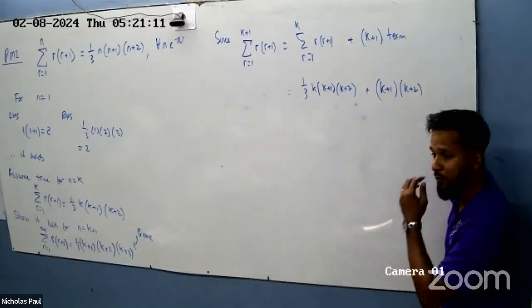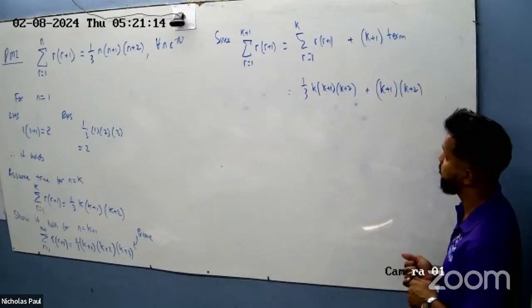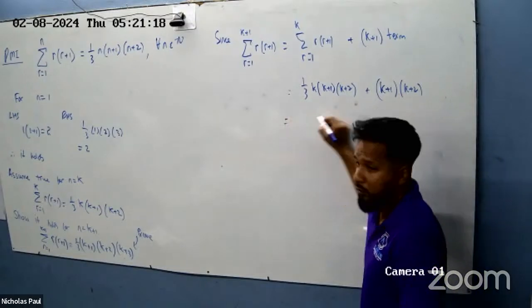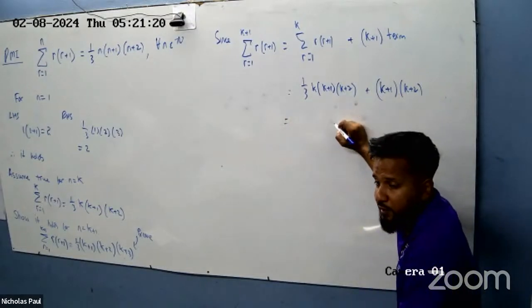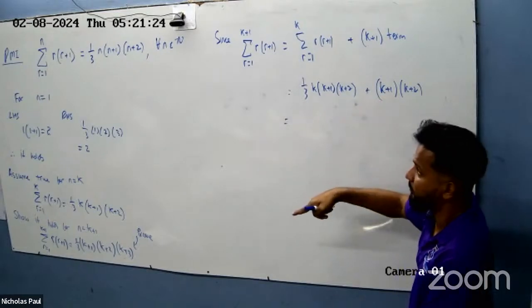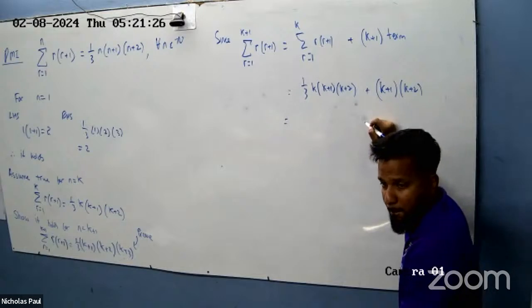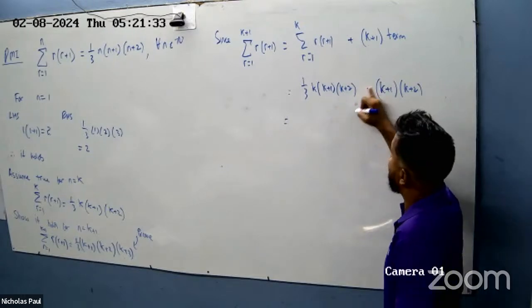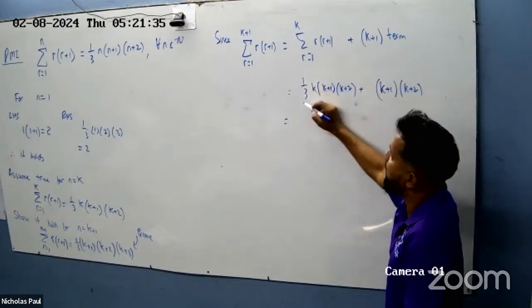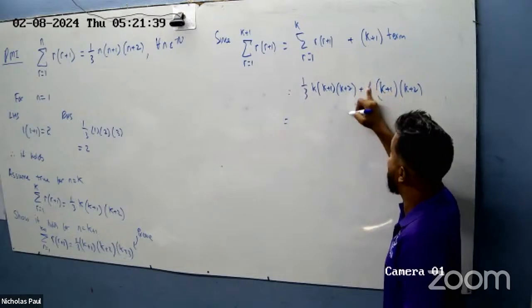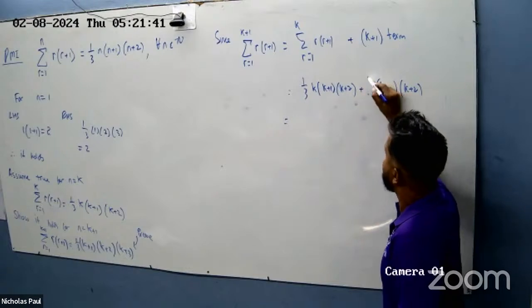Anybody remember what to do? What's the first step? How to make this look like that? You can factor out, right? But before I do that, remember, this is our 1 here, which is the same as 3 over 3.